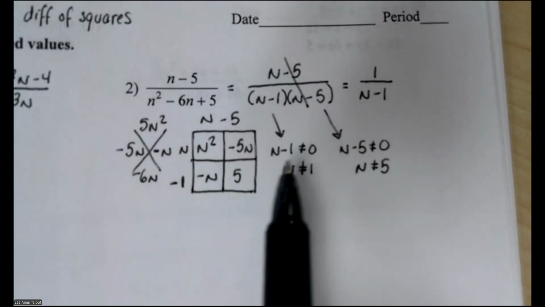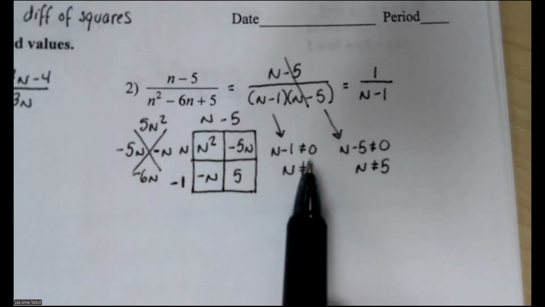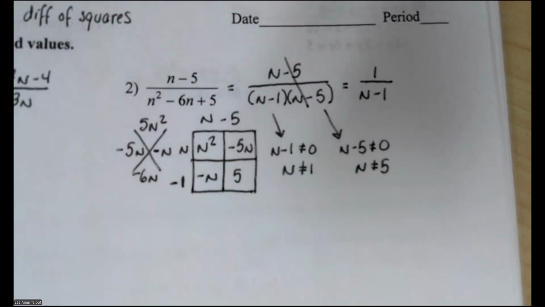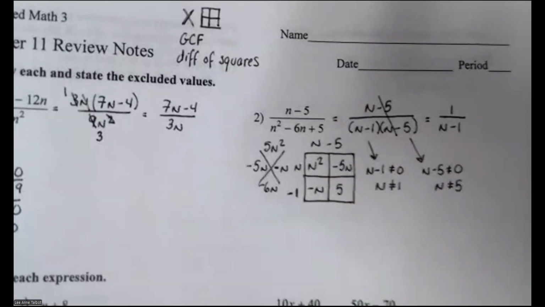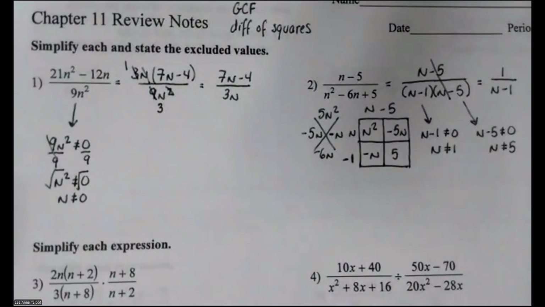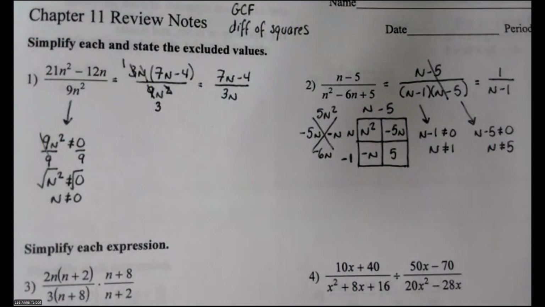Are you guys okay with me adding 1 to both sides in my mind and adding 5 to both sides in my mind? Okay, any questions at all on number 1 or 2? You guys sure you're good on number 1 and 2? Okay.